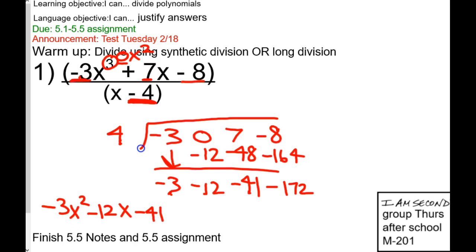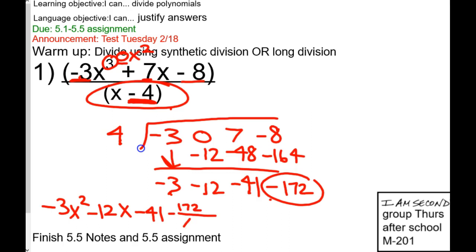And then that last number is my remainder over what I was dividing by. So this over this. So -172 over x minus 4. This thing is my answer by synthetic division.